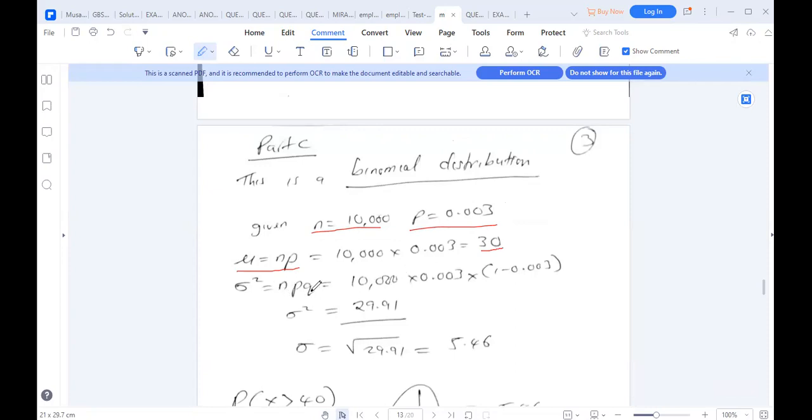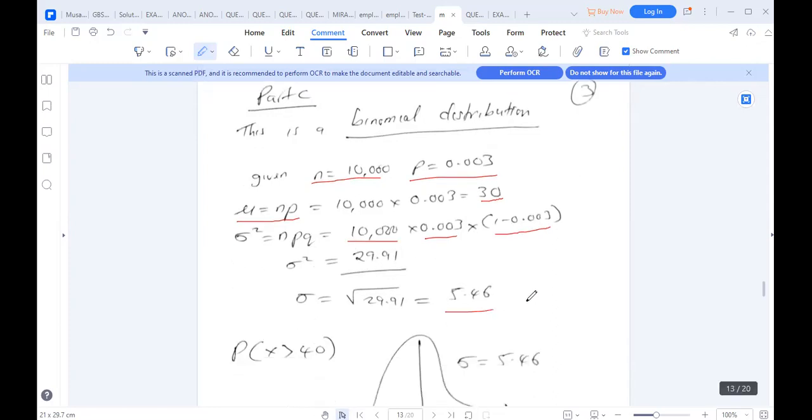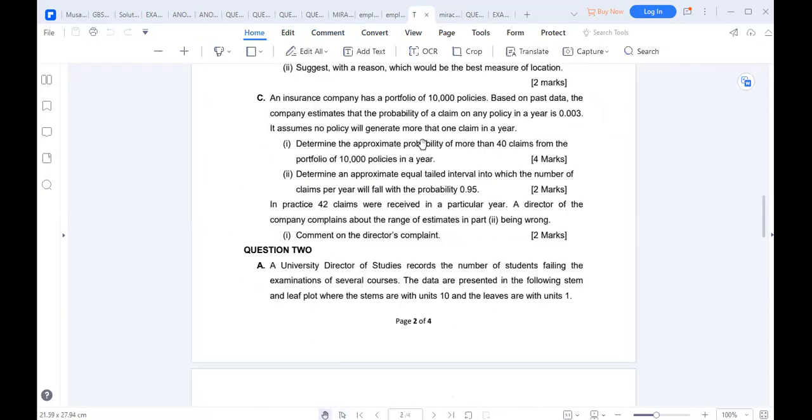Then the variance is NPQ. So 10,000, 0.003, and 1 minus 0.003, we're going to get 29.91. So when you square root that, our standard deviation will be 5.46. Now the question is, what is the chance that you are going to have greater than 40 claims?